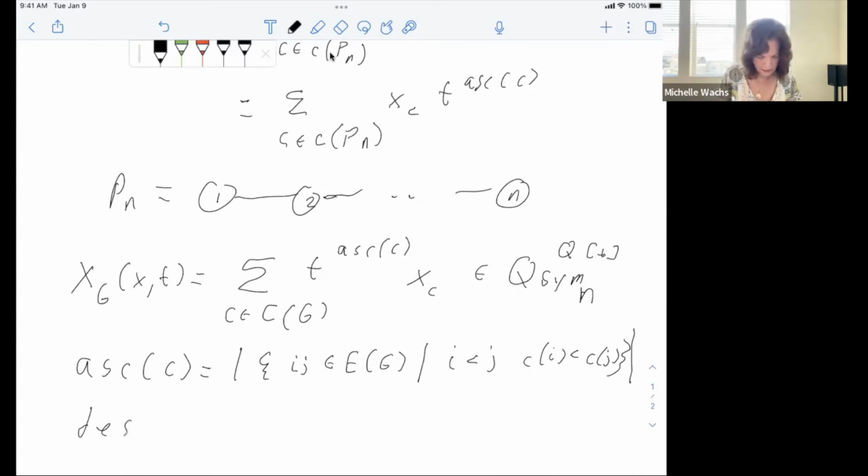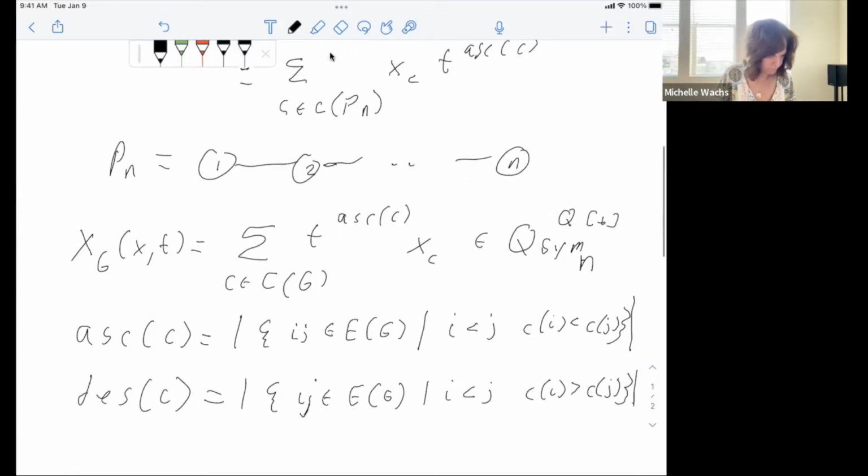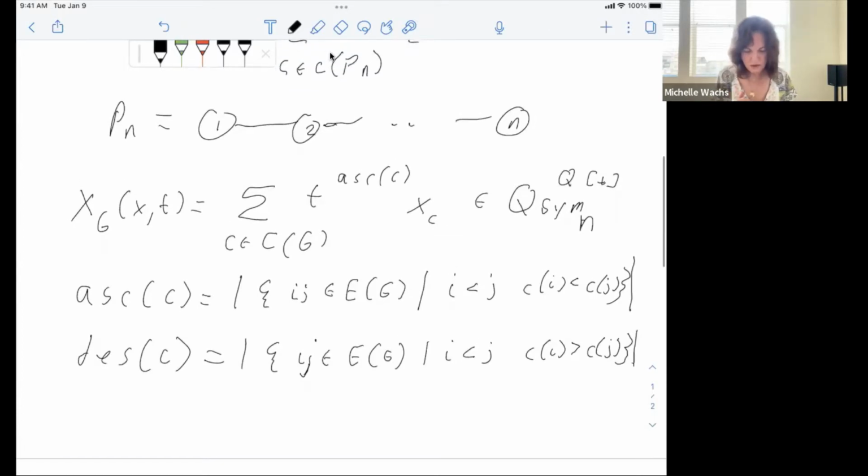And the descent is the opposite: now the coloring order is the opposite. And it turns out that when this is symmetric, then it doesn't matter if we use ascent or descent.